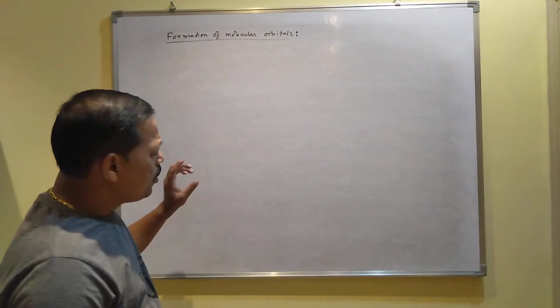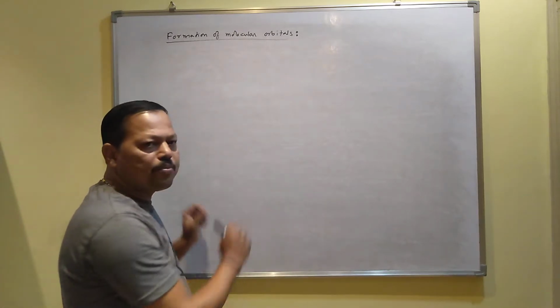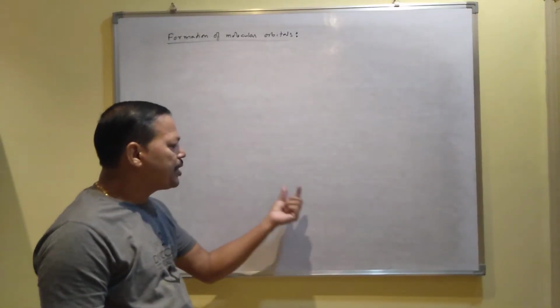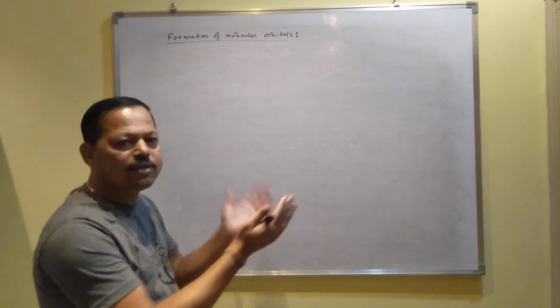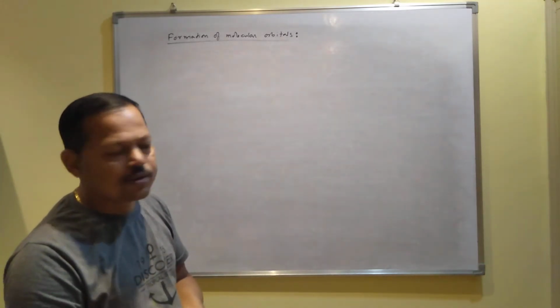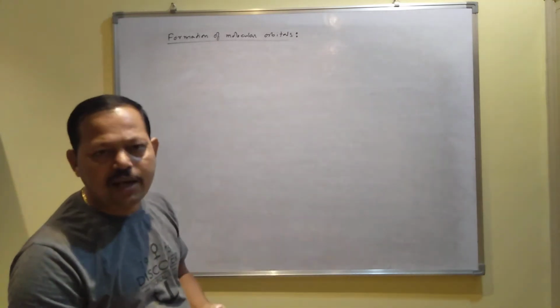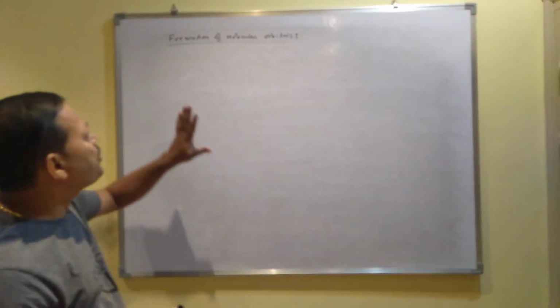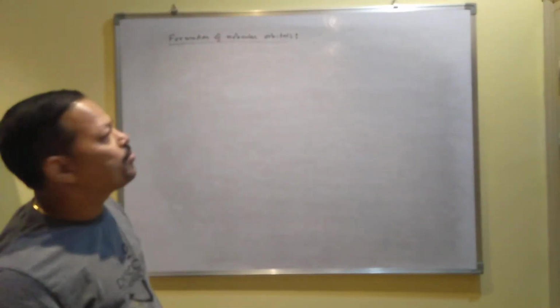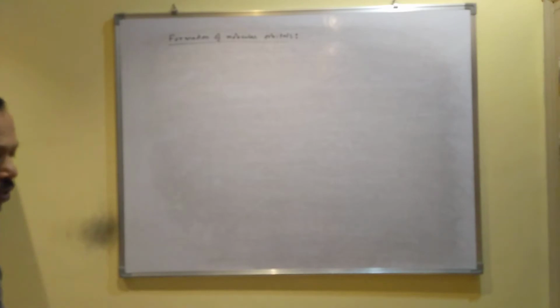Now, when two atomic orbitals combine, suppose 1s combines with another 1s, why do they form two molecular orbitals? Why is one called bonding and one called anti-bonding? You can understand this from the concept of formation of molecular orbitals.